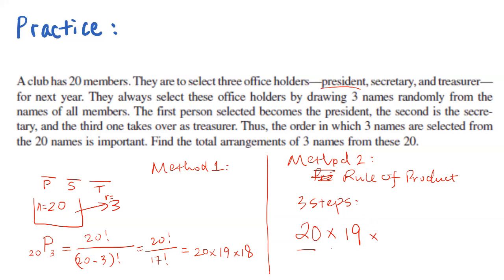So we have 19 different ways to finish the second step. How about the third step? Okay, if the president and secretary have been confirmed, next we only have 18 names left in the container, right? The task in the third step is to choose one from the 18. So there are 18 different ways to complete the third step. So to finish the whole task, there are 20 by 19 by 18 different number of ways, right?